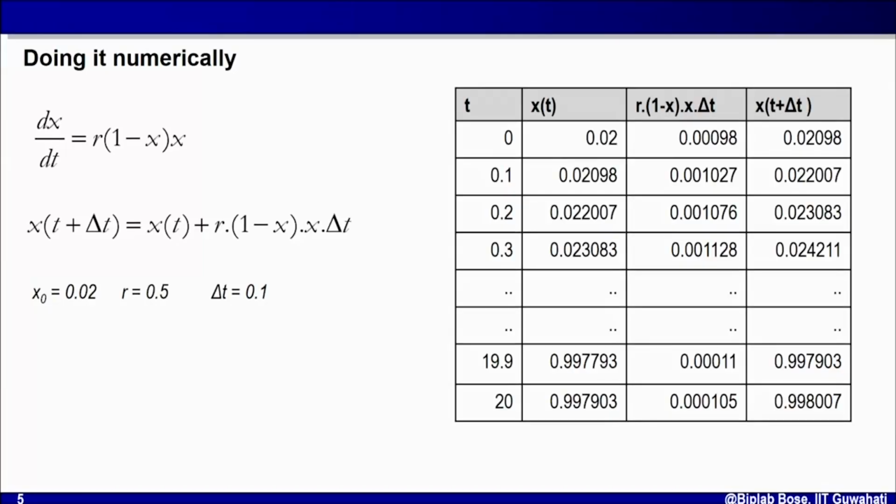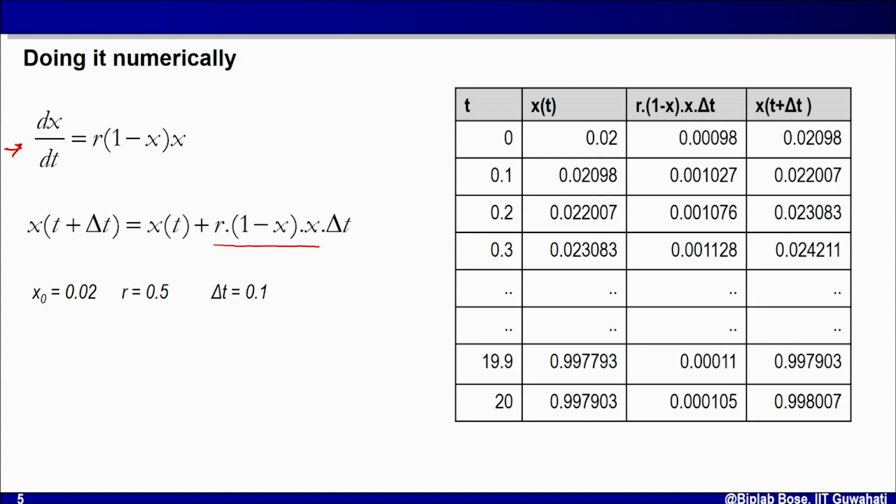We will take the same example of spread of infectious disease. So our ODE is as usual, the last one, dx/dt is equal to r into (1 minus x) into x. And the formulation from Euler's method that we have got is that x at time t plus delta t is equal to x at t plus the function that is present in the ODE into delta t.